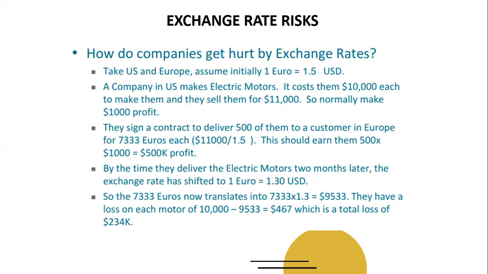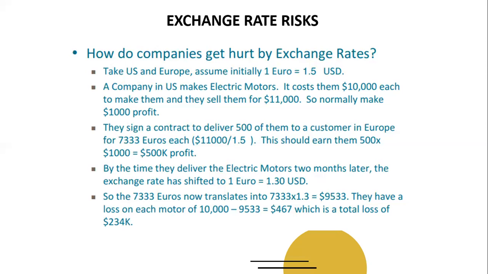Now, let's say what happens is that they find a customer in Europe for their electric motors. And the European customer says, look, guys, I'm very happy to buy your electric motors. I want 500 of your electric motors. And let me make a quick calculation.